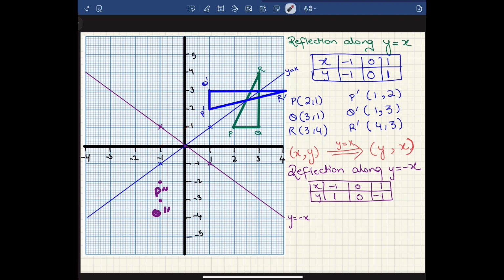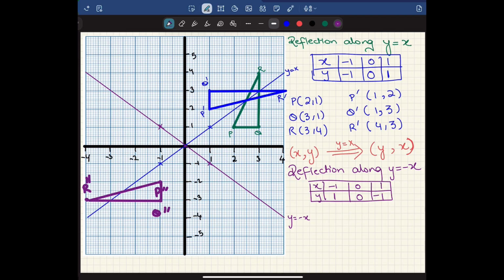This is where R double prime will be. So this is the image of the reflection of triangle PQR along the line Y is equal to negative X.